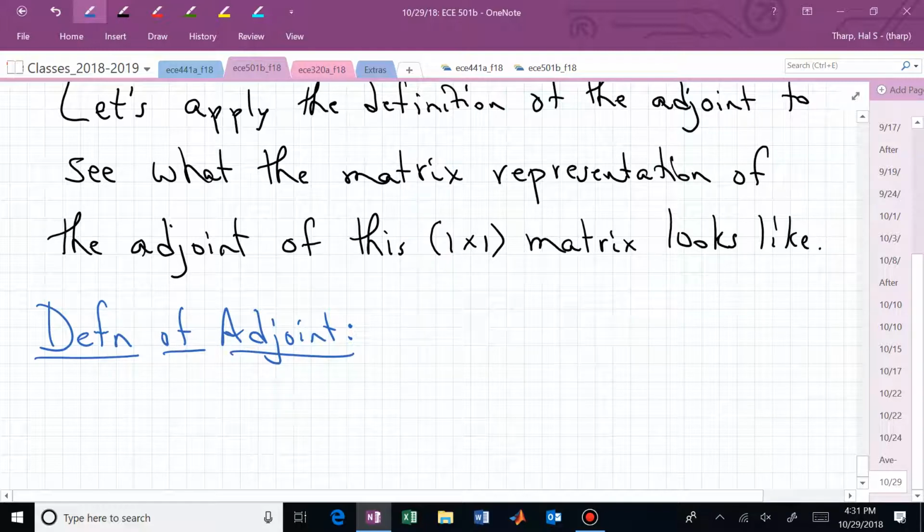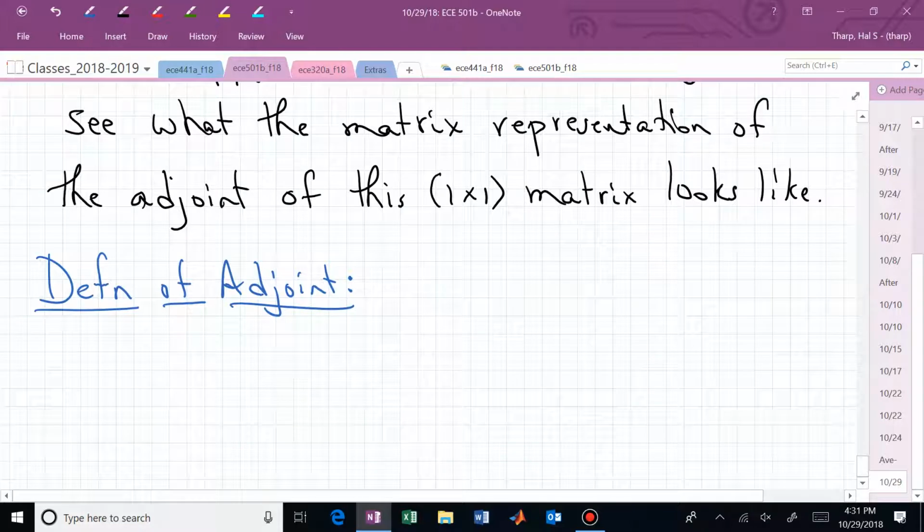Let's now use our definition of an adjoint. And how have we defined the adjoint? How did we create this? It was essentially putting the linear map into another slot, was it not?